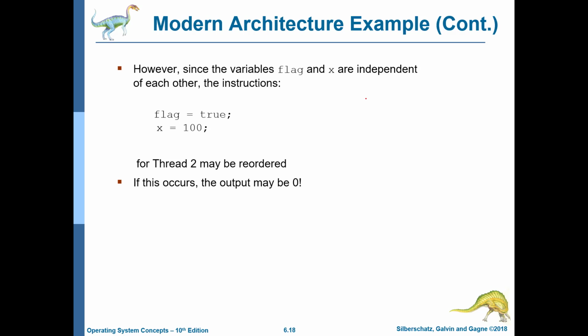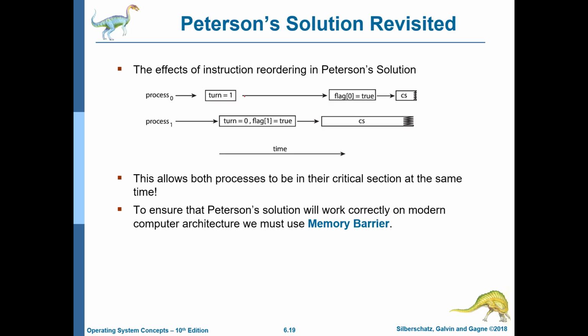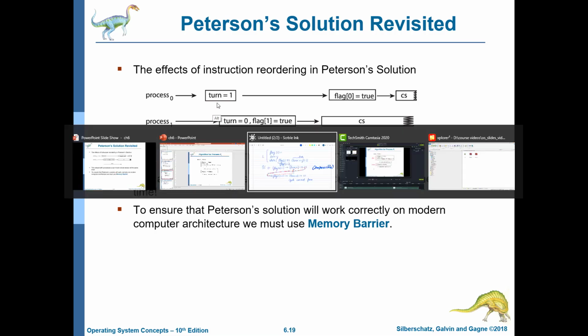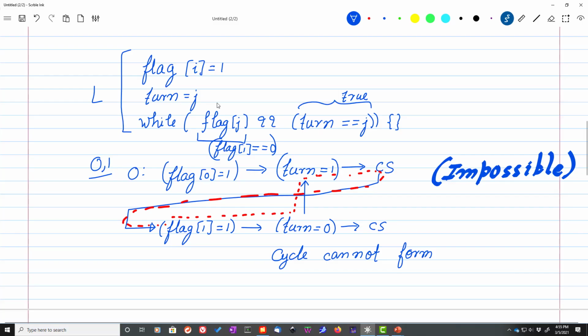Alright, so given the fact that intuitively wrong outputs are genuinely allowed in modern architectures, there is a problem, because even the Peterson lock, if you go back to the little proof that we had, relies on the fact that from the point of view of all threads, this statement executes first, then this, and then this. Our proof incidentally did rely on this fact.